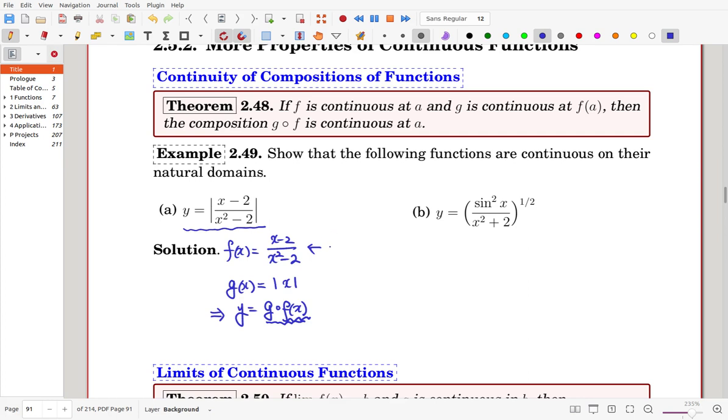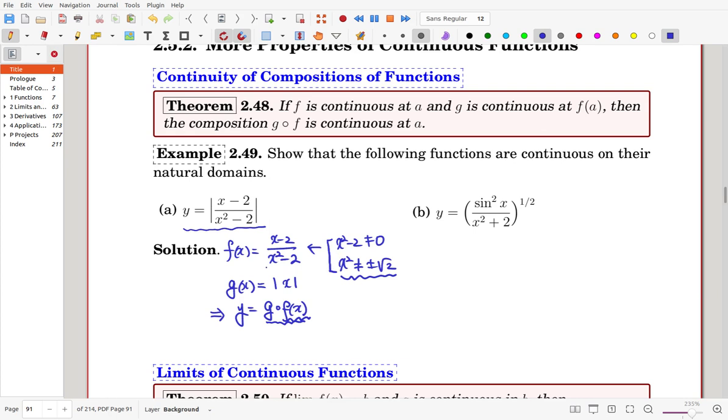on its natural domain. The natural domain is where x squared minus 2 is non-zero, which is the same as x not equal to plus or minus square root of 2. That is the natural domain, and we already know that a rational function is continuous on its natural domain.